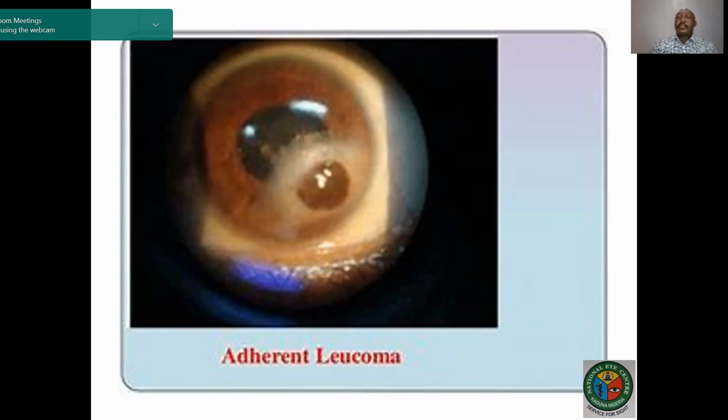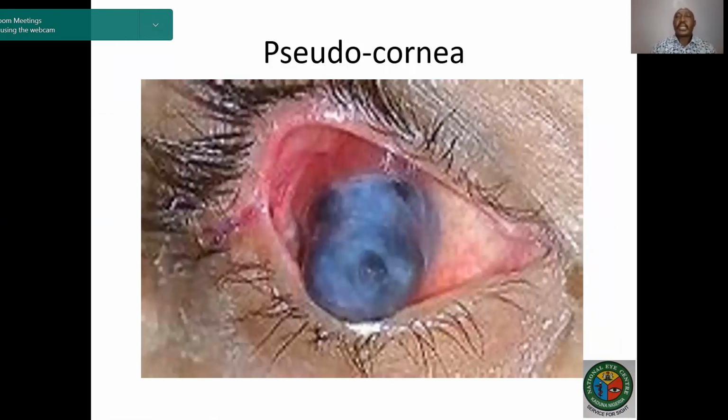We will want to also see some other complications. This is pseudocornea. You can see the whole cornea has melted, and what is remaining is just the Descemet's that is hovering, with the internal structures, the uvea, perching upon the cornea.